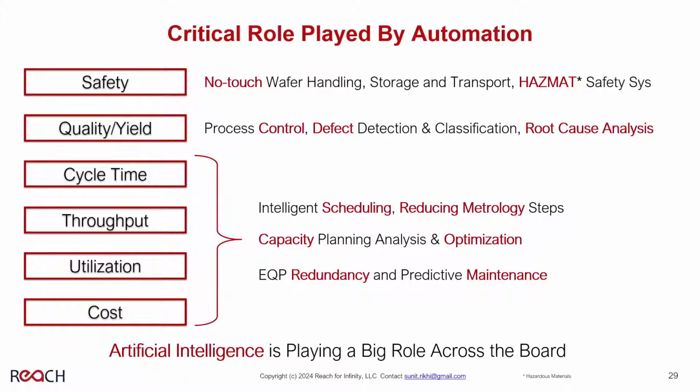Now, I bunched up cycle time, throughput, utilization, and cost because these play with each other. For example, I can take redundant equipment and put it in the fab. That costs money.